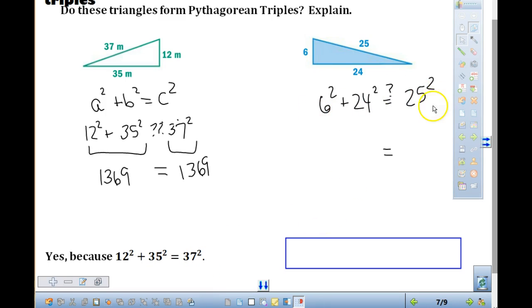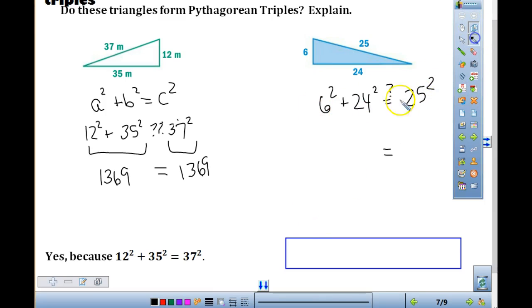When we take a look at that next one, Hale, what did you have? Just put 6 squared plus 24 squared in your calculator. We know it is 612. And 25 squared is 625.